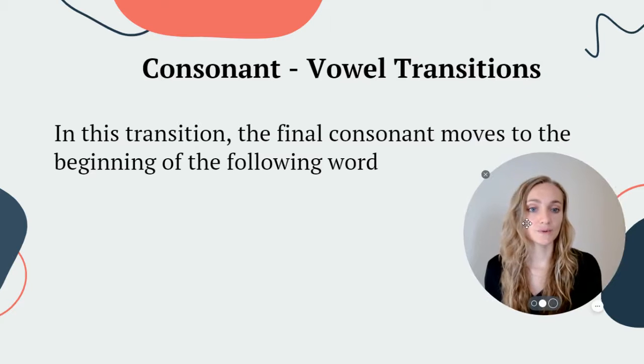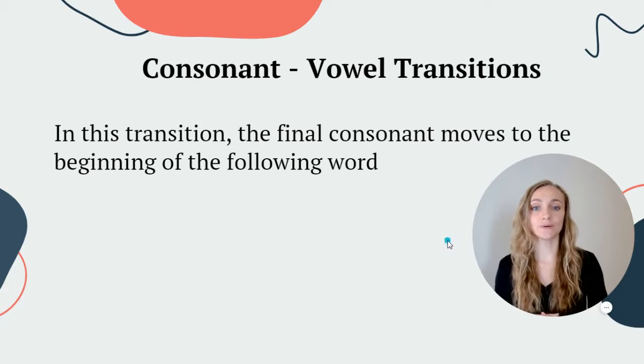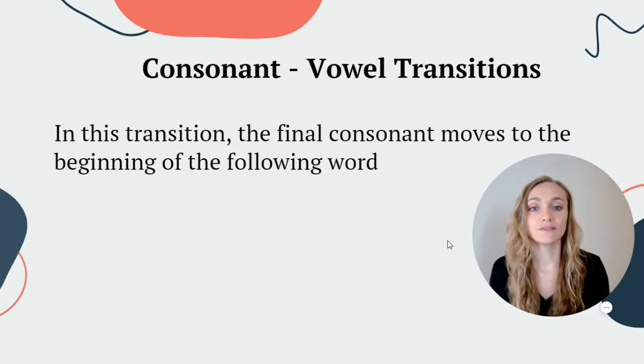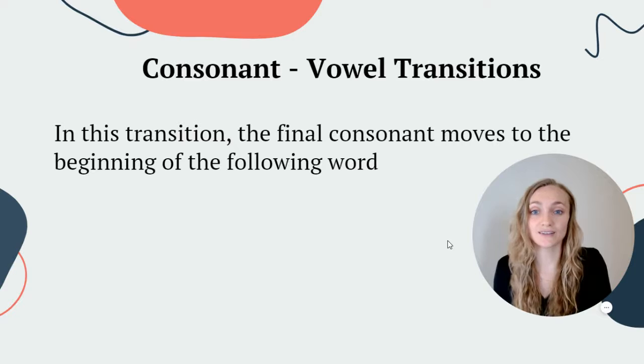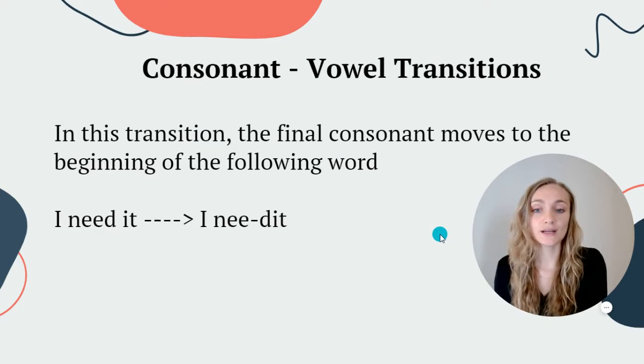Now, the first transition we're going to see, consonant to vowel. In this transition, the final consonant is actually going to sound like it moves to the beginning of the following word. And this rule is actually something that we do in Spanish as well, okay? It's just maybe something you're not aware of or that feels much simpler because you've done it your entire life. So here in the first example, I need it.